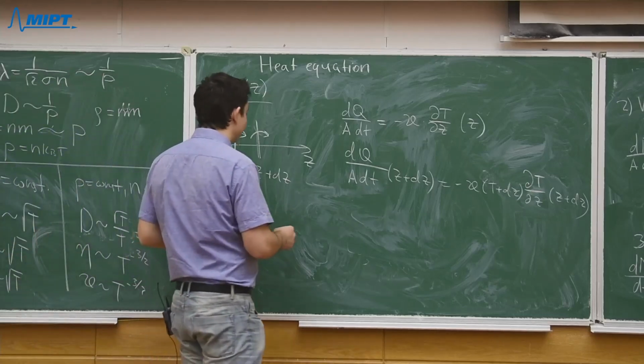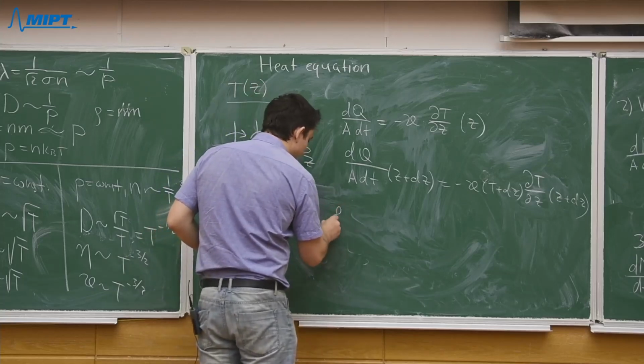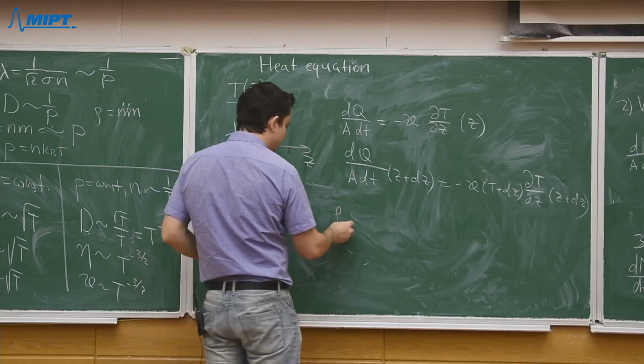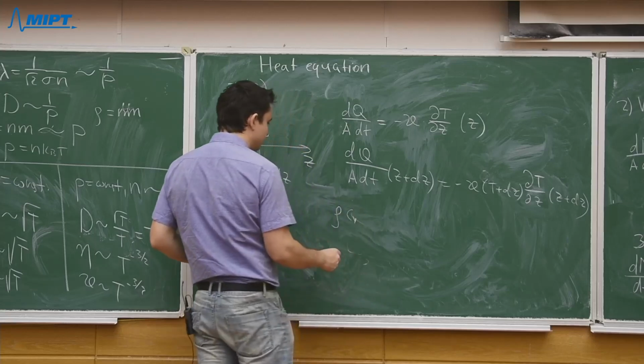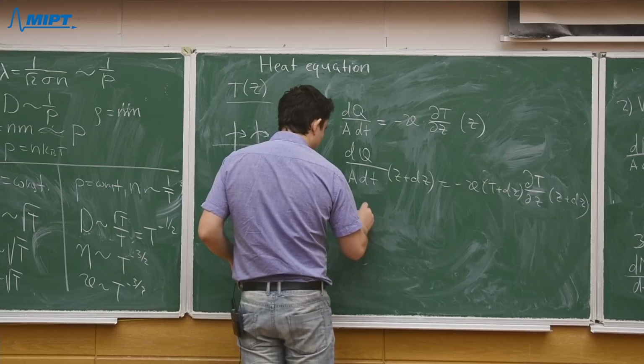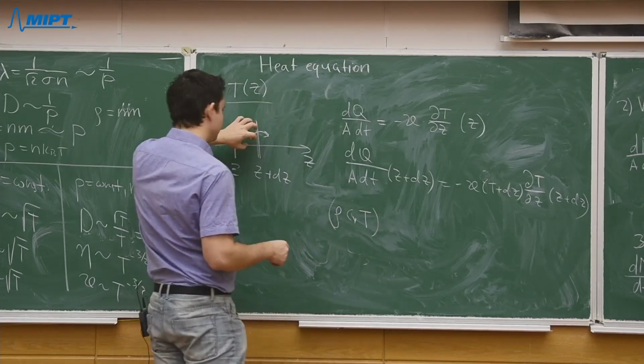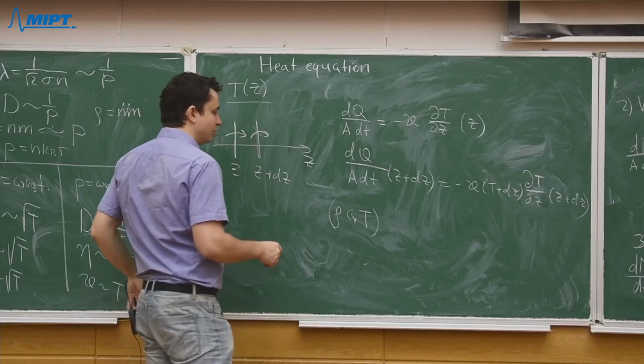So I can write that the product of the density multiplied by the specific heat multiplied by temperature is the amount of energy which is stored in this part of my system.